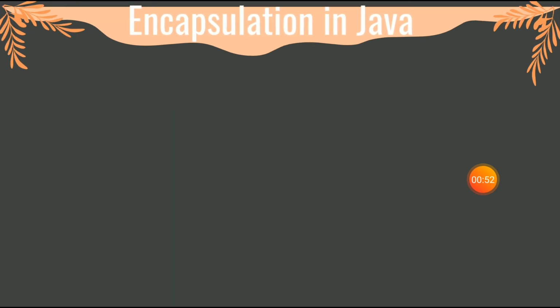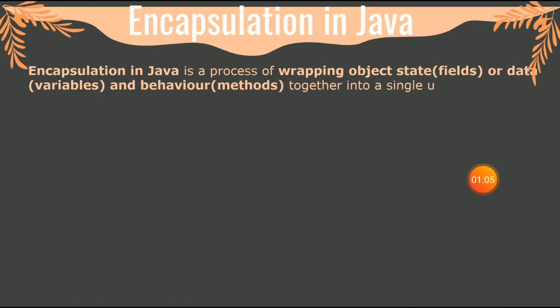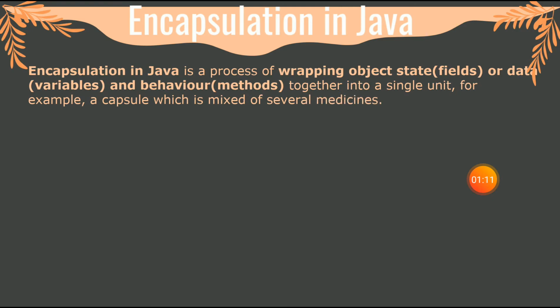Now, encapsulation in Java. Why is encapsulation important in Java in object-oriented programming? Encapsulation in Java is a process of wrapping object state, that means fields or variables, and behaviors, that are methods, together into a single unit.